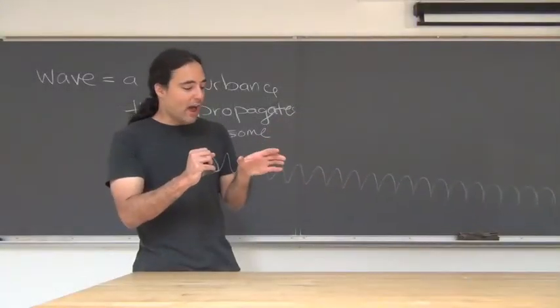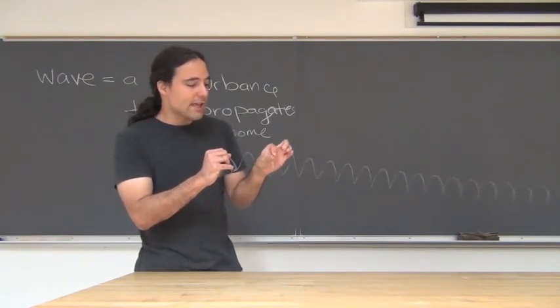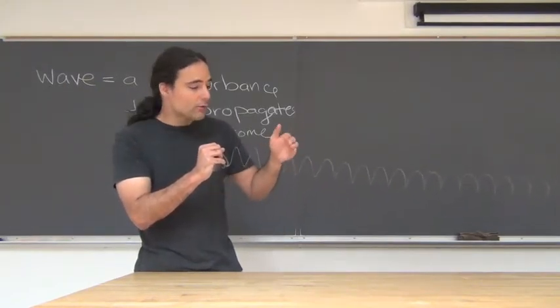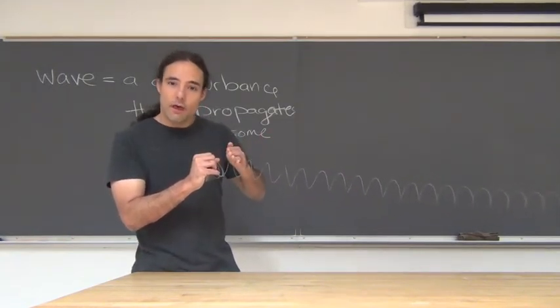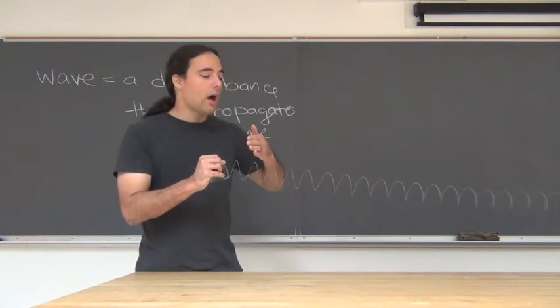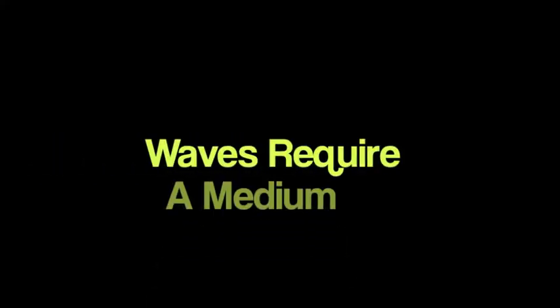So what's happening is I very quickly compress the slinky, and that pushes out to the coils that are further down along the slinky, so that the coils themselves are moving left and right. And the wave is also propagating left and right.